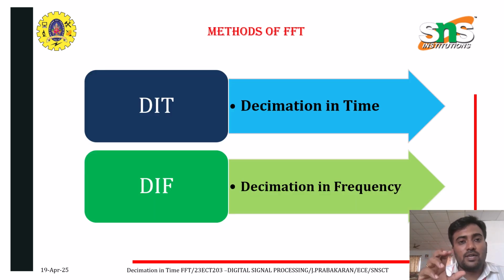This FFT has two algorithms: the first one is decimation in time algorithm and the second one is decimation in frequency algorithm. In this lecture video, I am going to explain the decimation in time algorithm.